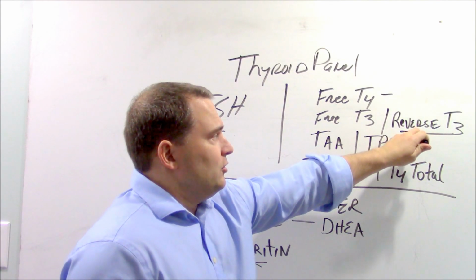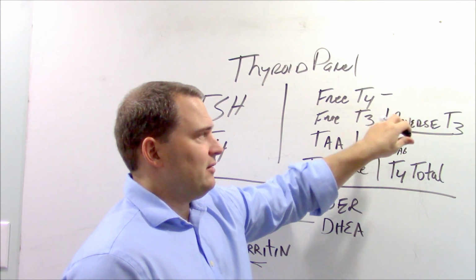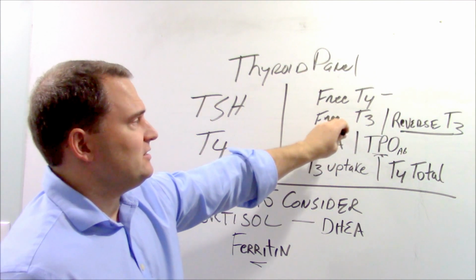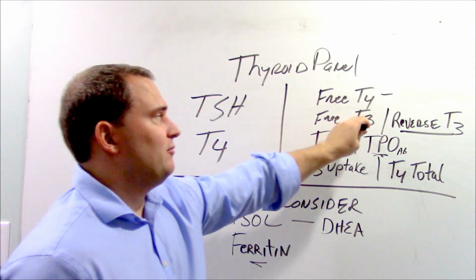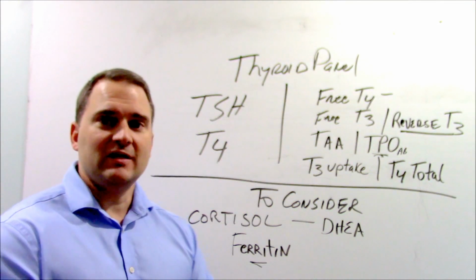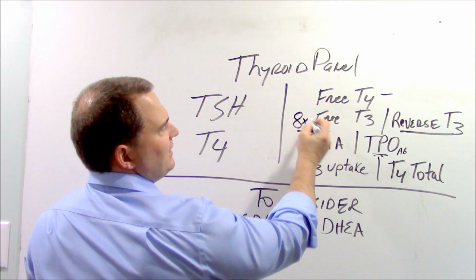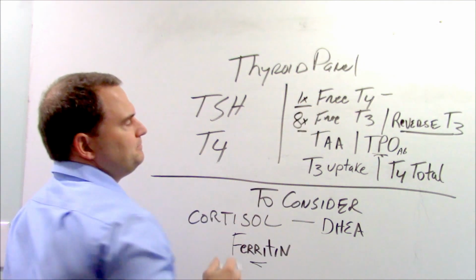Your body doesn't need the mineral selenium to make reverse T3, but it does need the mineral selenium to make free T3 from T4. T4 is more of a signaling hormone. It's not very active, and so T3 is 8 times more active than T4.